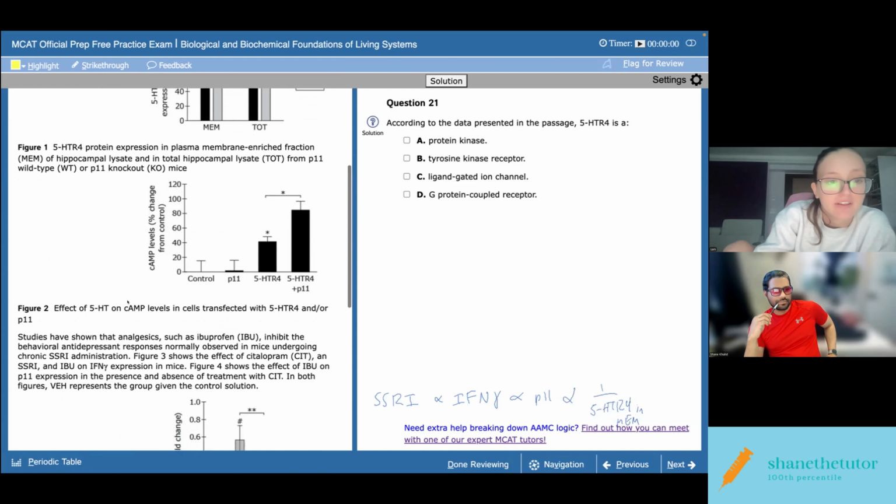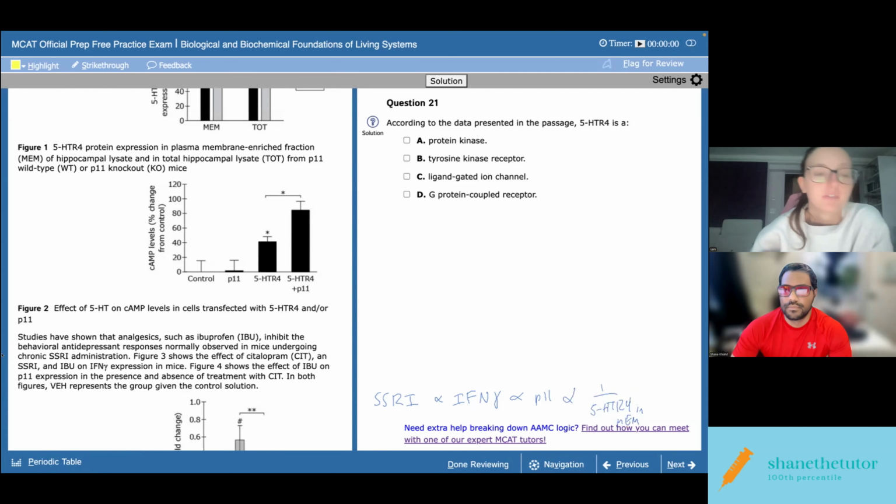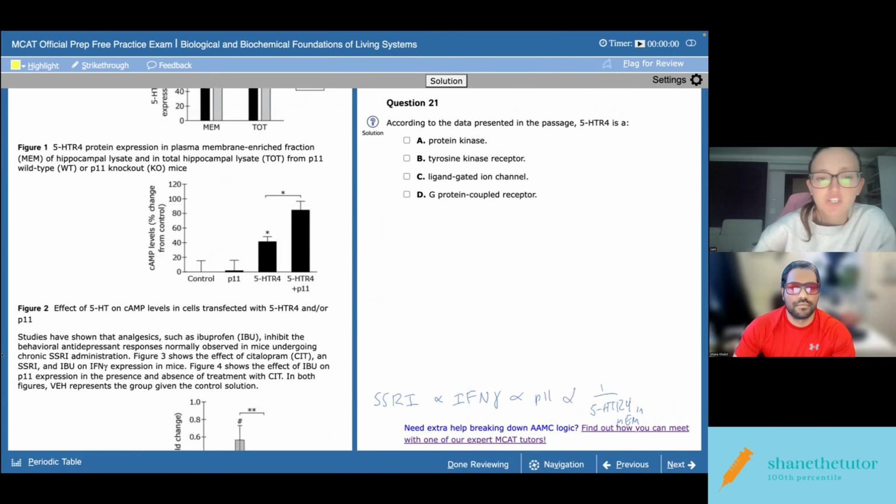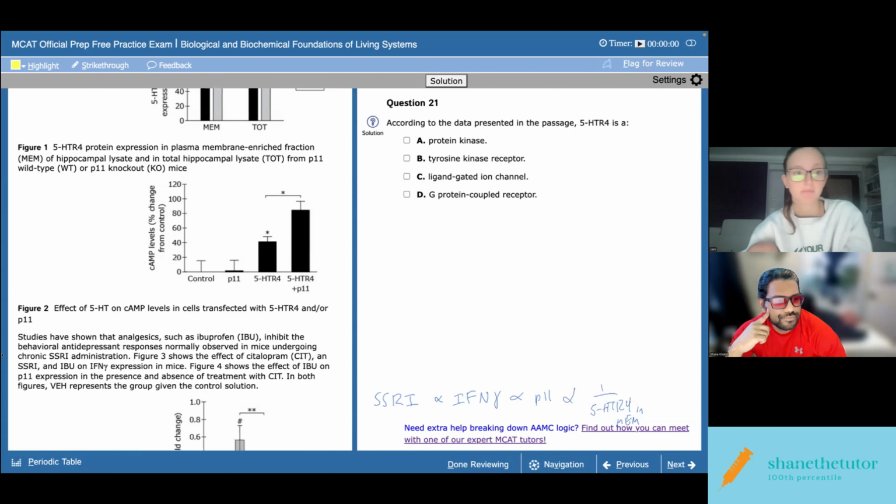And then the effect of serotonin on cyclic AMP levels in cells transfected with 5-HTR4 or P11. cAMP levels are the same, or none, for control. P11 on its own doesn't really do anything. 5-HTR4 raises it to 40%, but it gets much higher when you combine both of them.